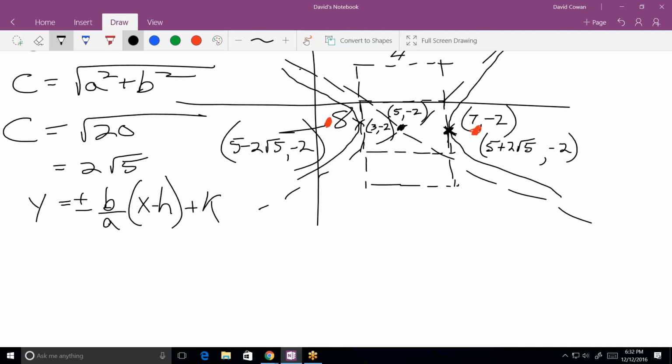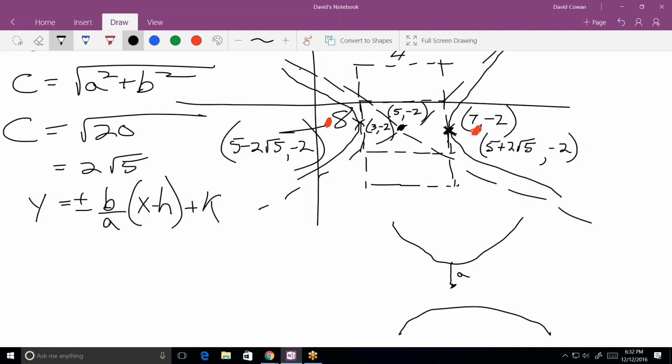If my transverse axis was vertical, in other words, if I had a hyperbola that looked like this, then this distance is A, and A would come under the y term.